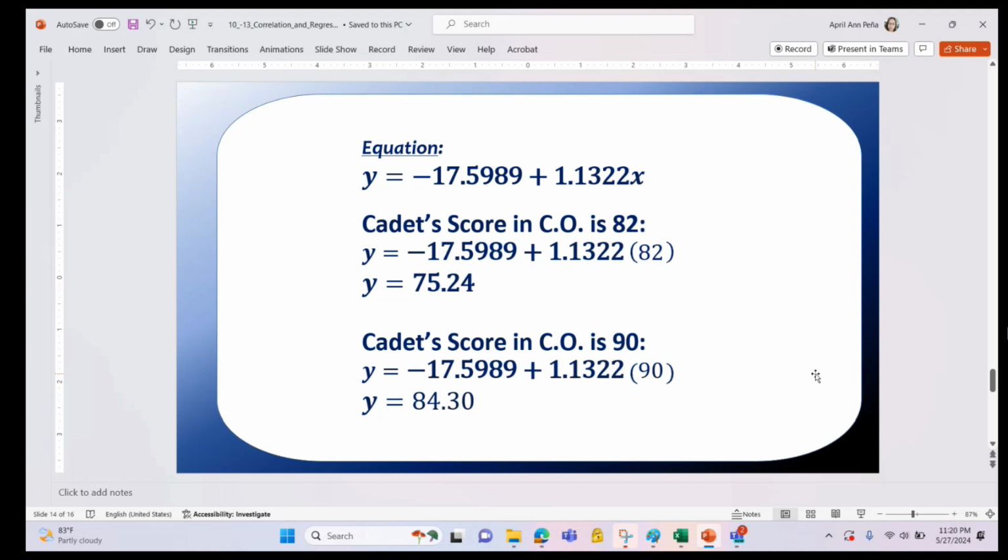If you understand it, when a student or a cadet performs well in the course outcome, so he studied well, he prepared well, it will also mean that he will do well or better in the examination.